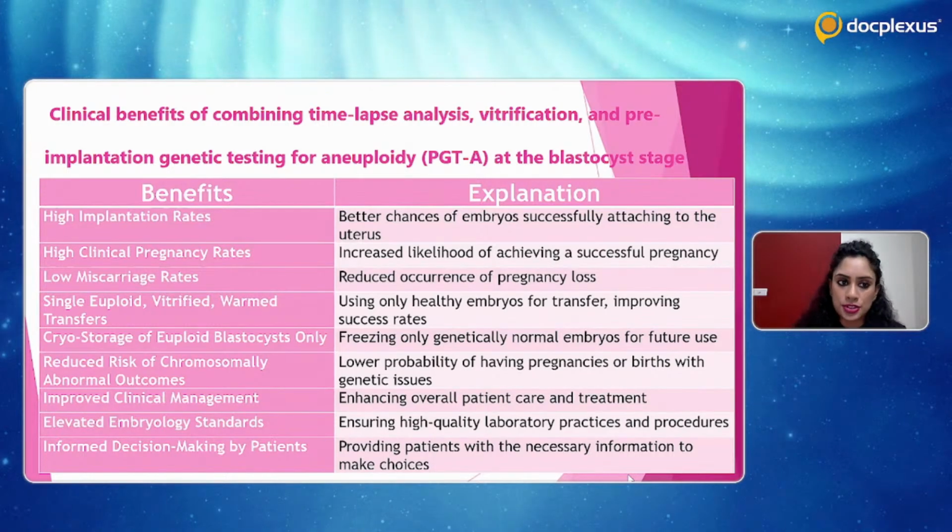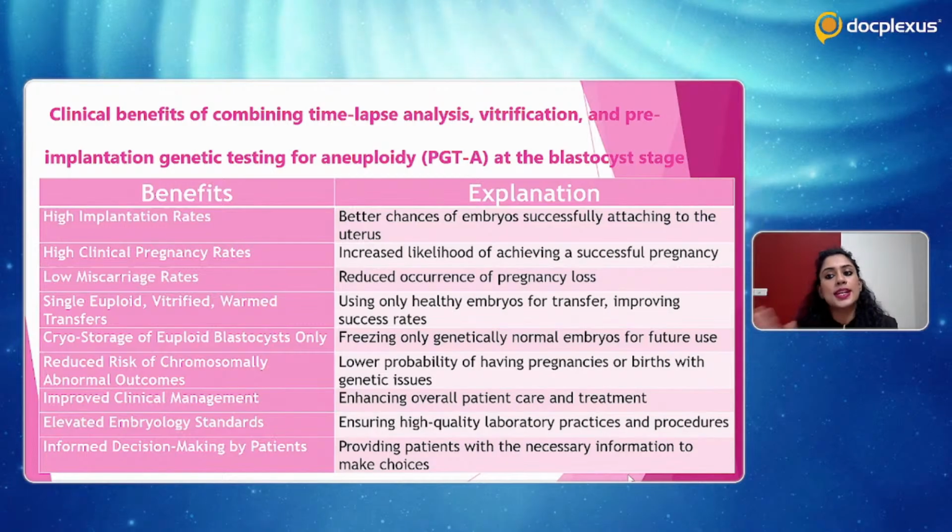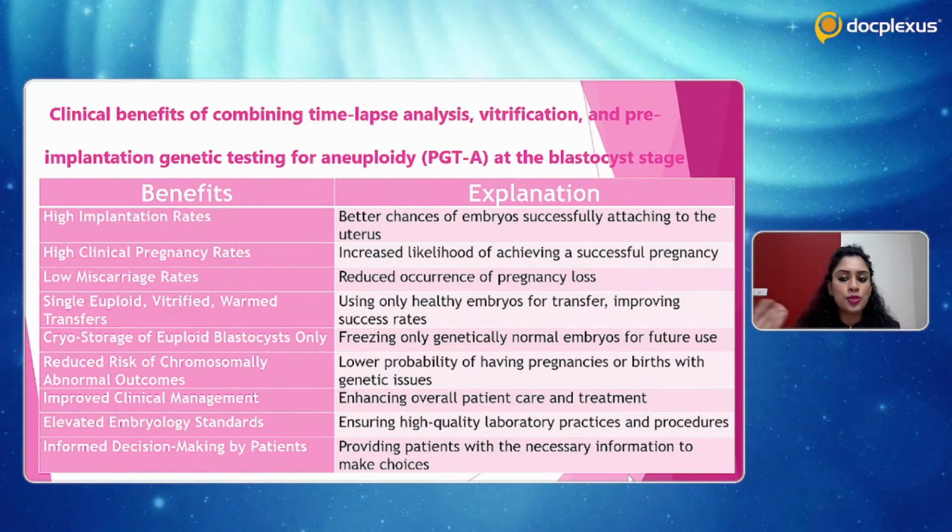Higher implantation rates are there because there are better chances of embryos successfully attaching to the uterus. High clinical pregnancy rates are there, low miscarriages are there. You can do a single euploid vitrified-warmed transfer. So you're giving healthy embryos, and you're also negating multiple pregnancies.